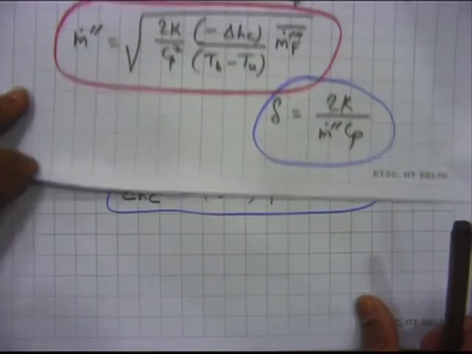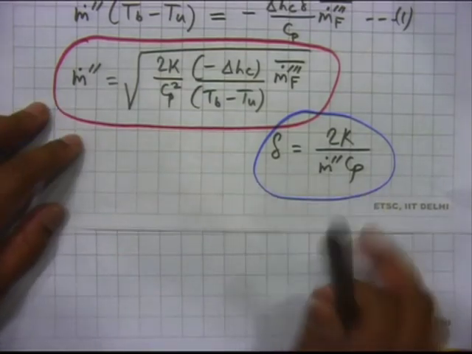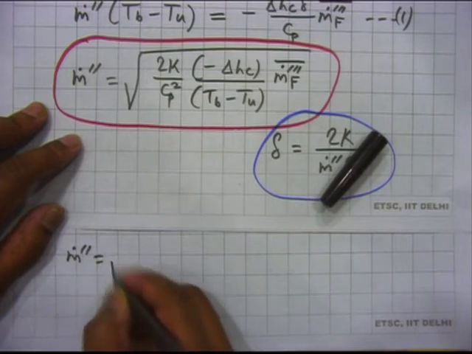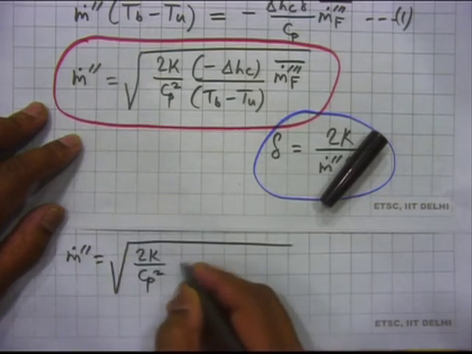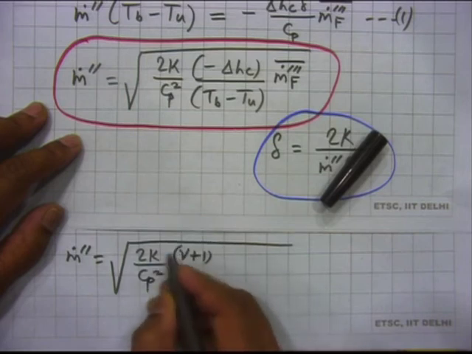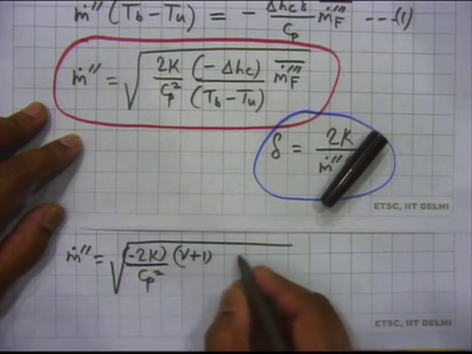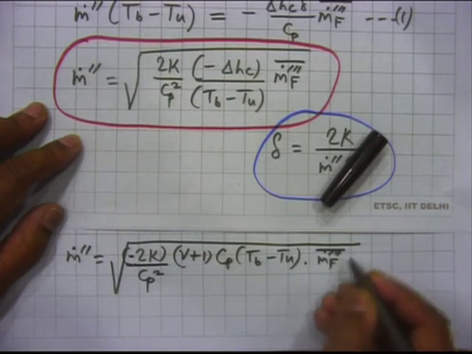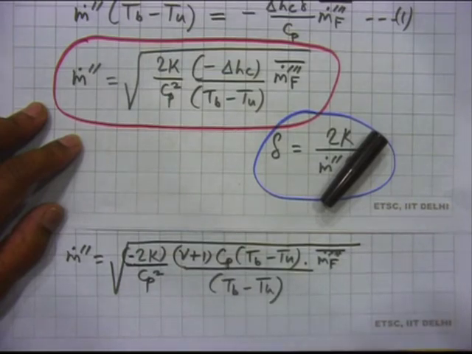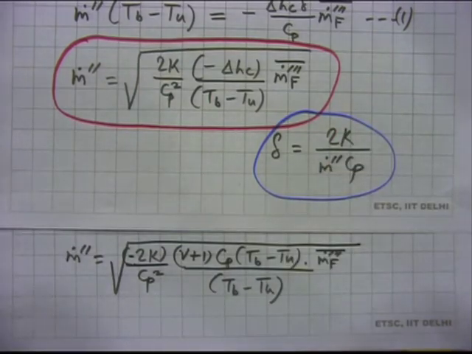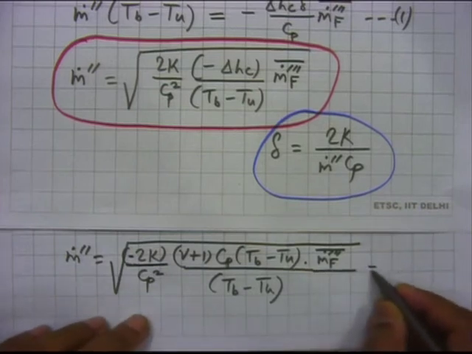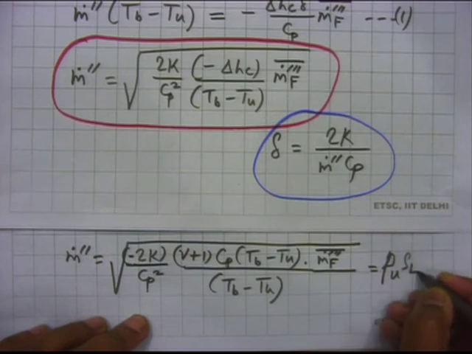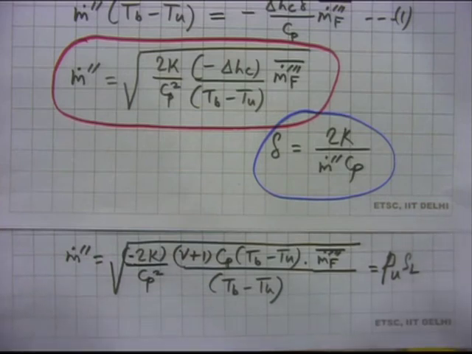Yeah, so this is the expression that we have for m dot double prime, and now m dot double prime can be written as this, minus this. And m dot double prime is also rho u into S L. That means you should be able to write an expression for S L, correct.